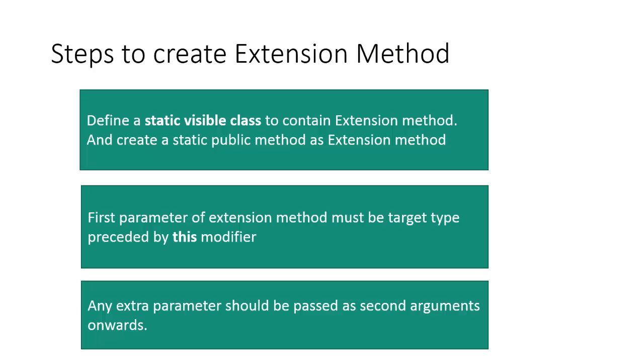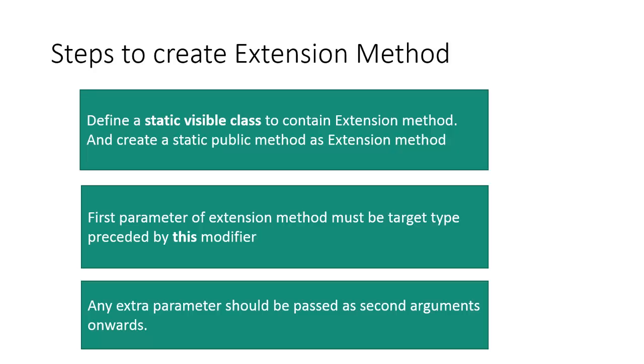These are the steps to create an extension method. First, you need to create a static visible class which will contain extension method. After creating a static class, you need to add a static public method which will act as extension method. First parameter of extension method must be the target type preceded by this modifier.